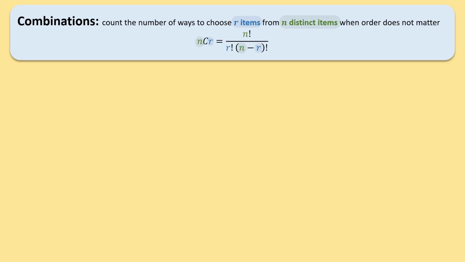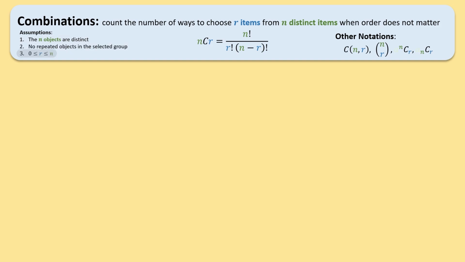There are a few different ways people denote combinations, but nCr is one common way. Here, n is the total number of objects we are choosing from, and r is the number of objects we are choosing. This formula assumes the objects are distinct, selections are made without replacement, and 0 is less than or equal to r is less than or equal to n.